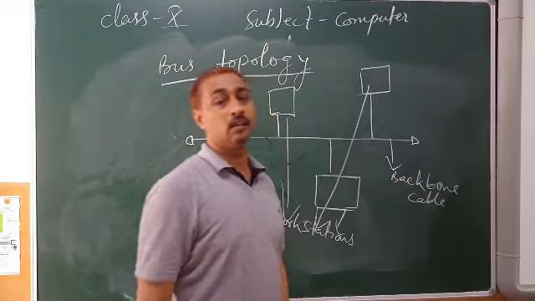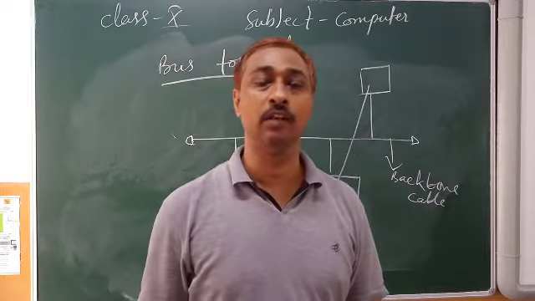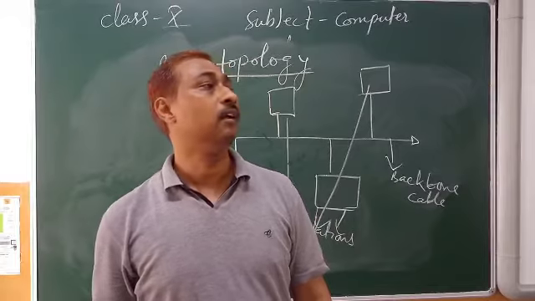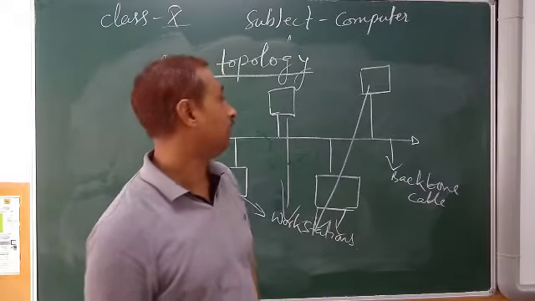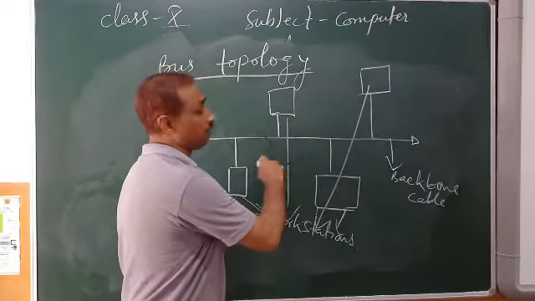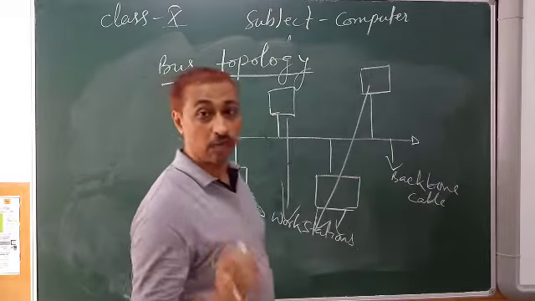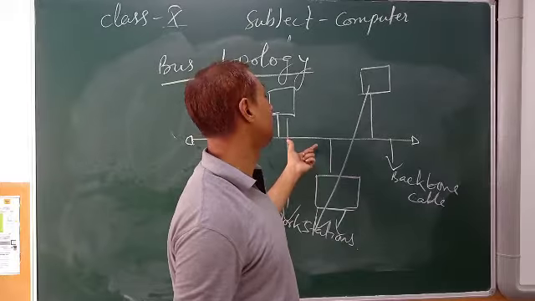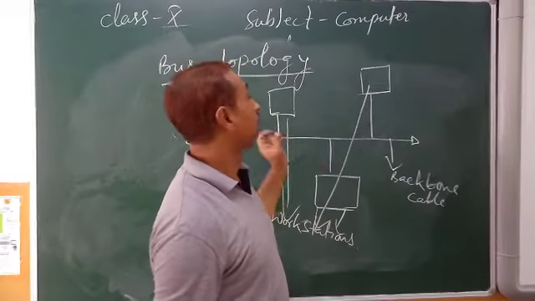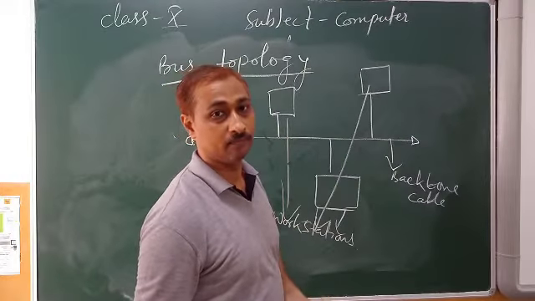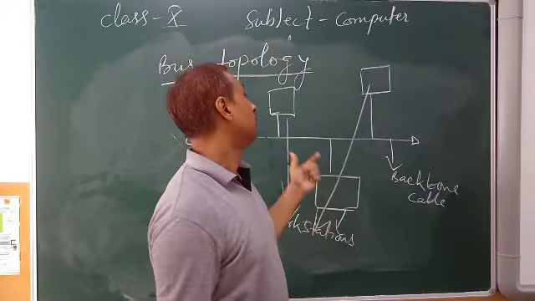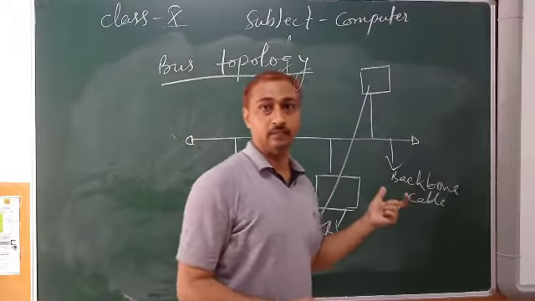Whenever we require a secure network and high-speed data transmission network, then, because this is implemented in a small network, we are not using devices for congestion control and data collision detection.